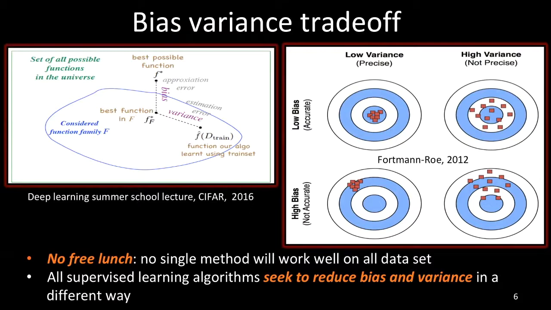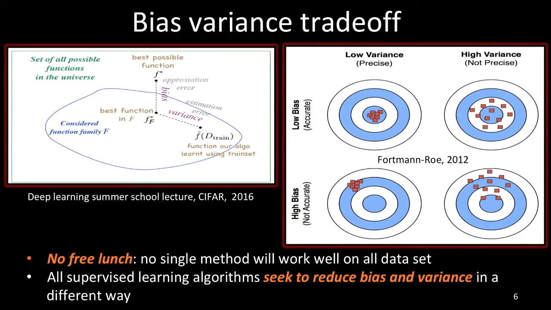And the distance between this function and the best possible function in the set of all function space is called bias. So this is the approximation error. And the step that you have to take from this f hat to the f star, because you need training data to move from here to here.